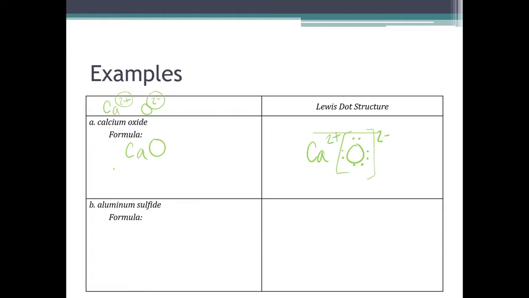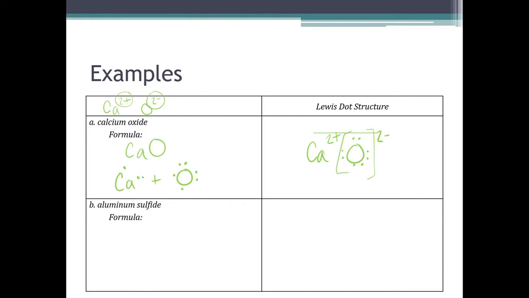If we needed to prove this to ourselves, we could say, well, calcium starts out as Ca with 2 valence electrons. And then oxygen starts out with an O, and then 1, 2, 3, 4, 5, 6 valence electrons.